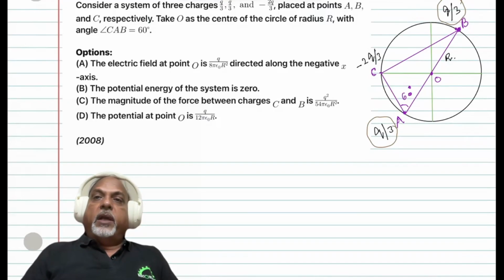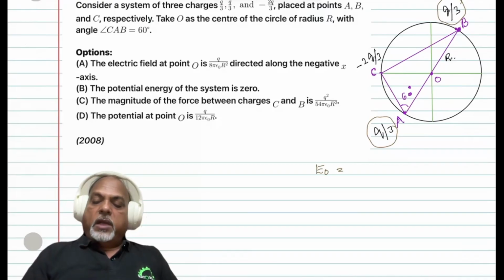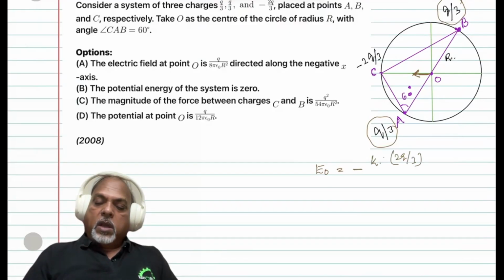And what will be that? That will be E0, and of course that electric field will be directed towards the negative x-axis. So we can say it is minus K times 2Q upon 3 upon R square.